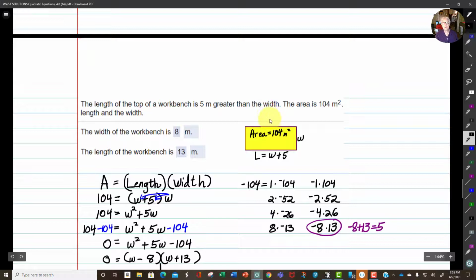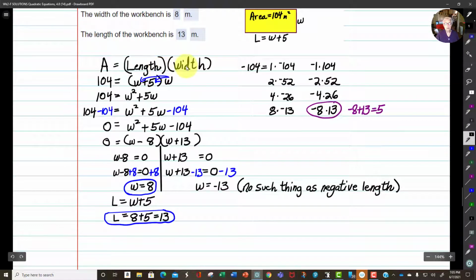That is one heck of a workbench. So if this is the width, then the length is going to be 5 meters greater. And the area is going to be 104 square meters. I do this problem just like I did that first word problem. So go through my steps here and check this out.